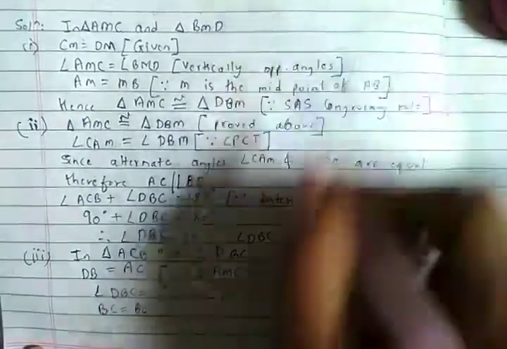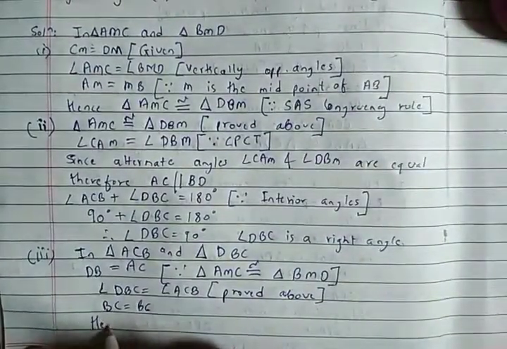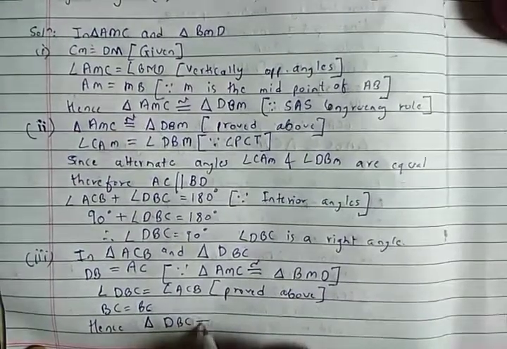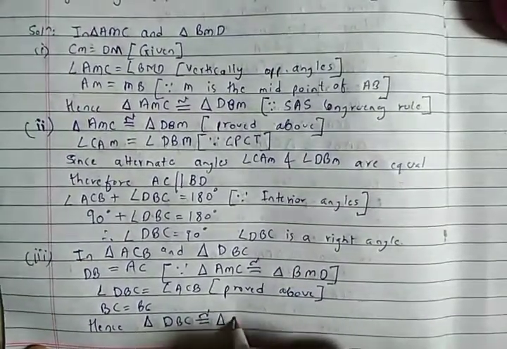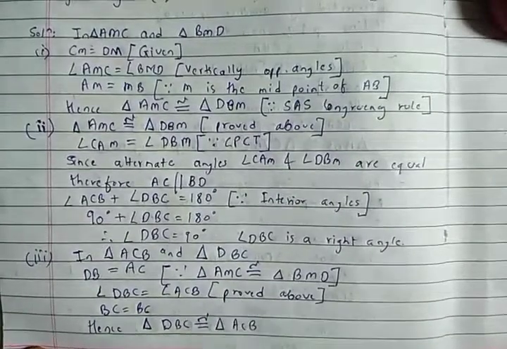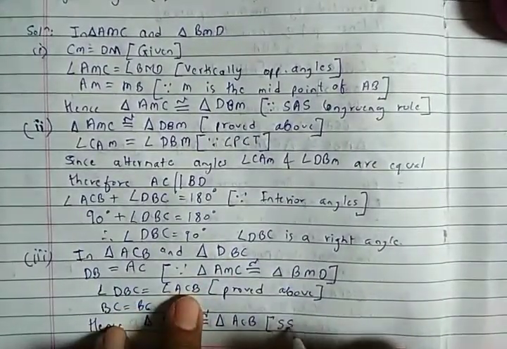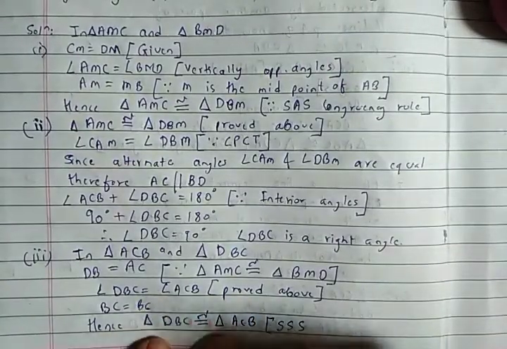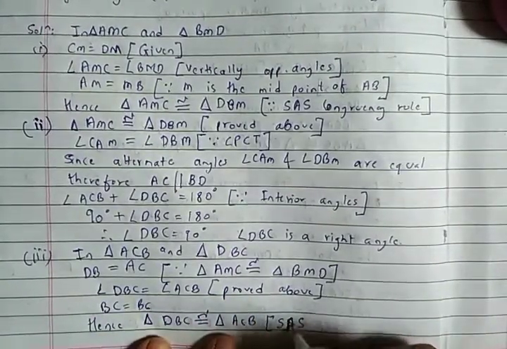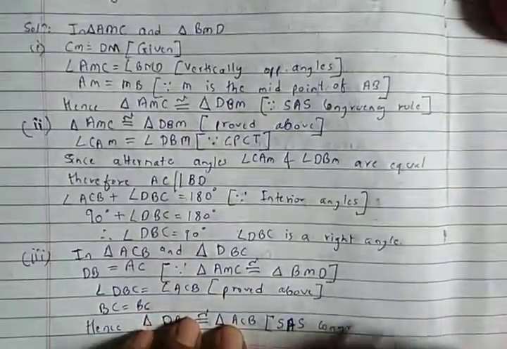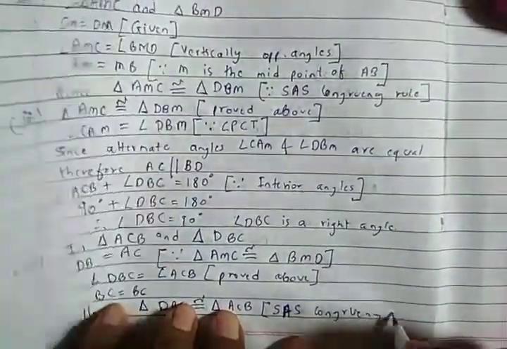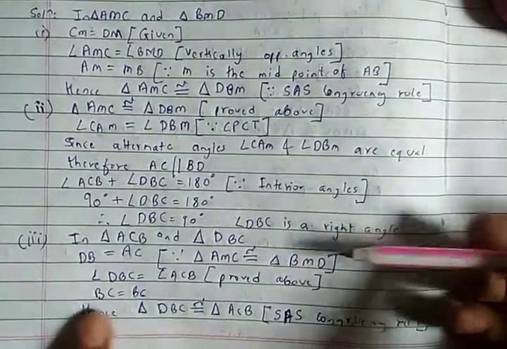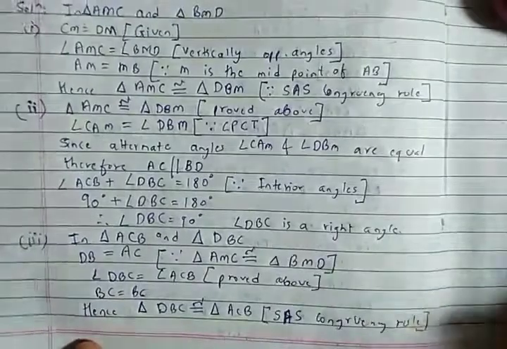So you can say that hence triangle DBC is congruent to triangle ACB. We can say this by side angle side congruency rule, right? There are two sides and one angle is there.